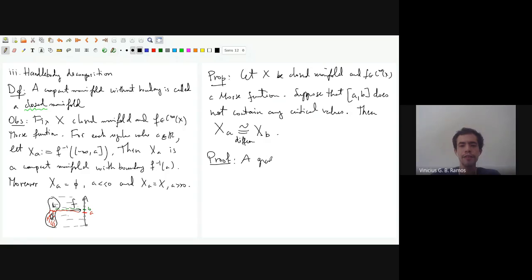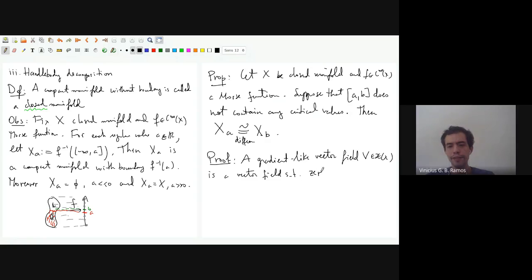So a gradient-like vector field, V, is a vector field such that the zeros of the vector field are the same. So sorry, it's a gradient-like vector field for a specific function.